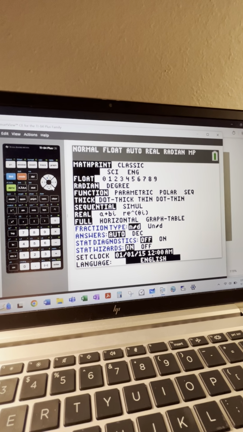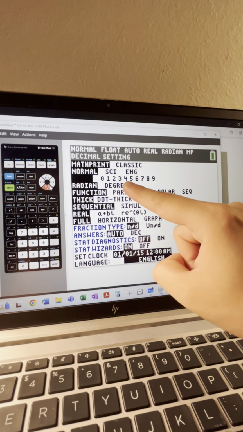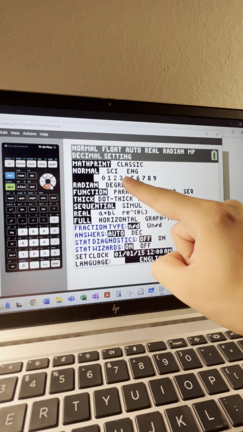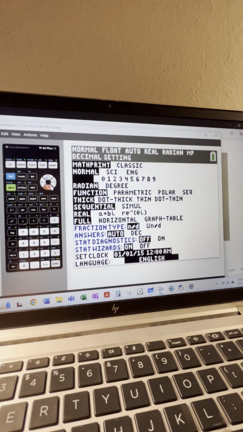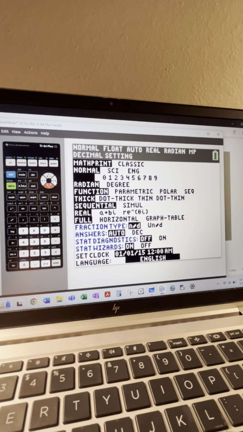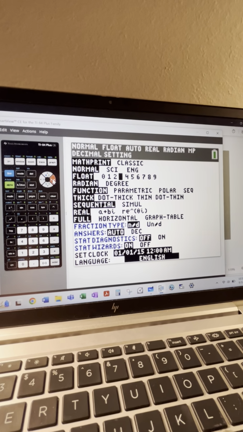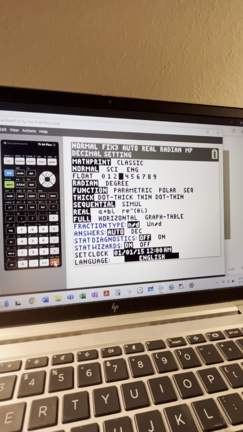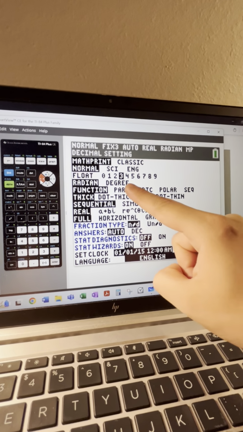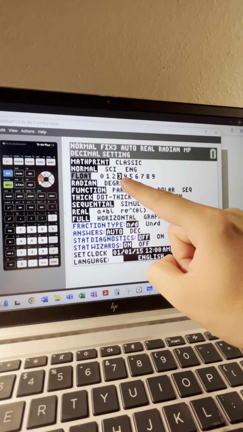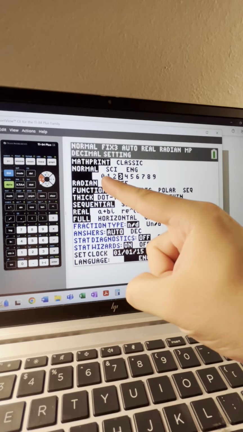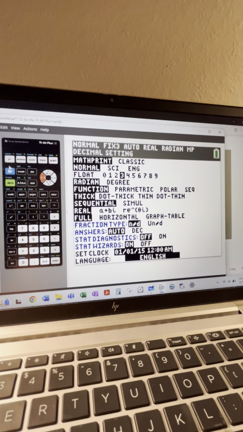I'm going to go down and I want you to select the number 3 right there. So I'm going to go to the right and go to 3, hit enter, and I'll go back. Yep, 3 is already selected, so we're good. Now we're going to go back to our home screen.